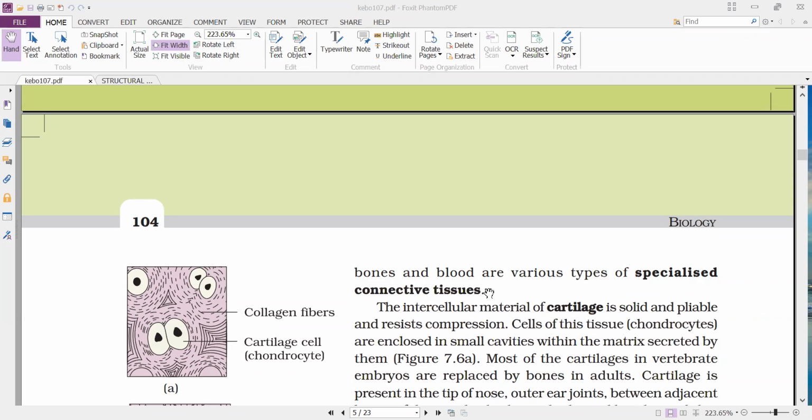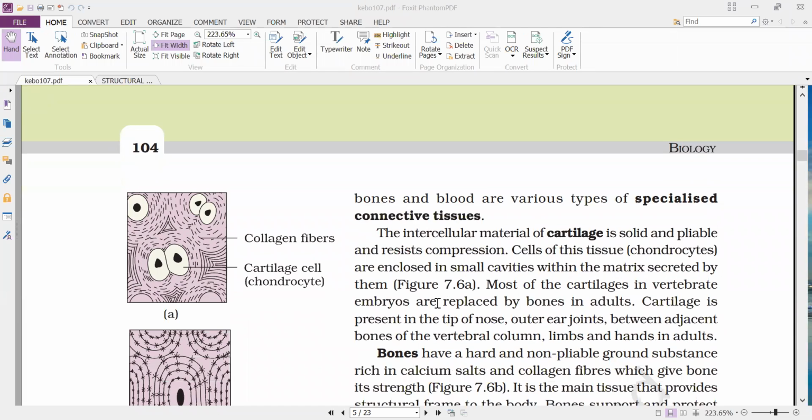Here we'll first discuss the cartilage. The intercellular material of cartilage is solid and pliable and resists compression.